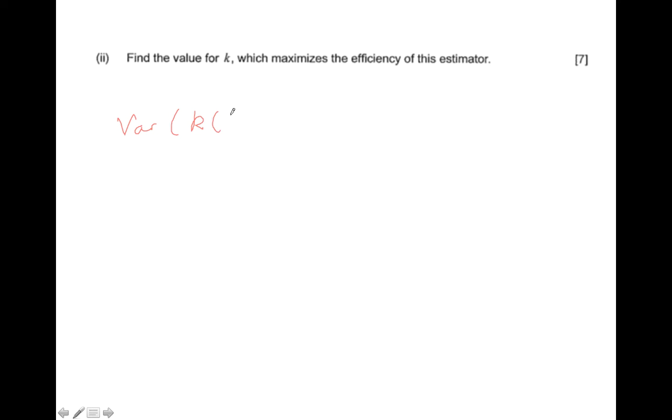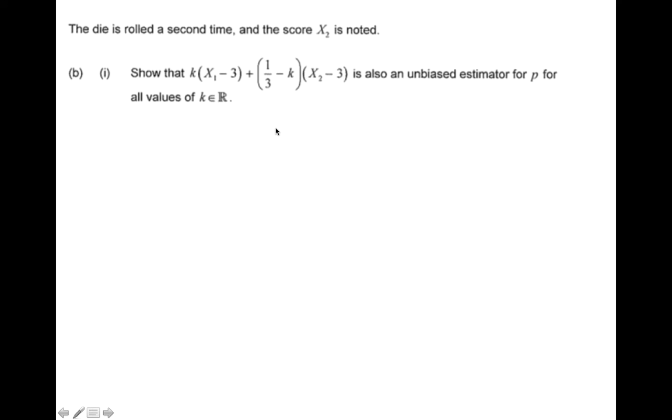So you want to evaluate the variance of k of x1 minus 3 plus... I can't remember it now, can you remember it? Let me just copy it across. Oh, I can't grab hold of it. That's because the pen's there.